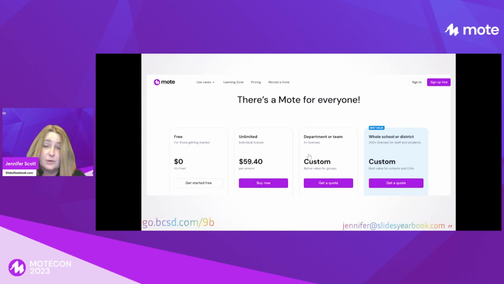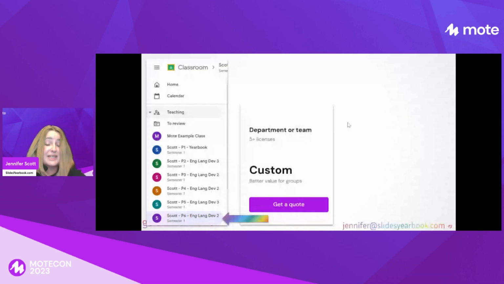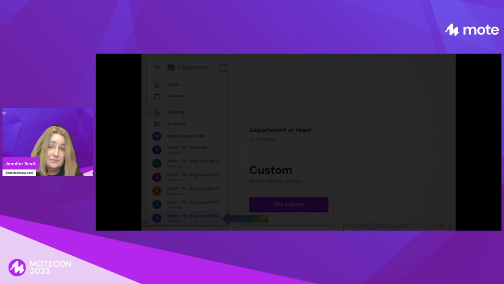But I also have the ability to do custom, and this is the one I want to do with my 6th period class because my 6th period class are my new arrivals. They're my L1 students, the ones who have been in the United States for 3 years, or maybe longer, and their language is not progressing. I am going to focus on this class using the department or team licenses.